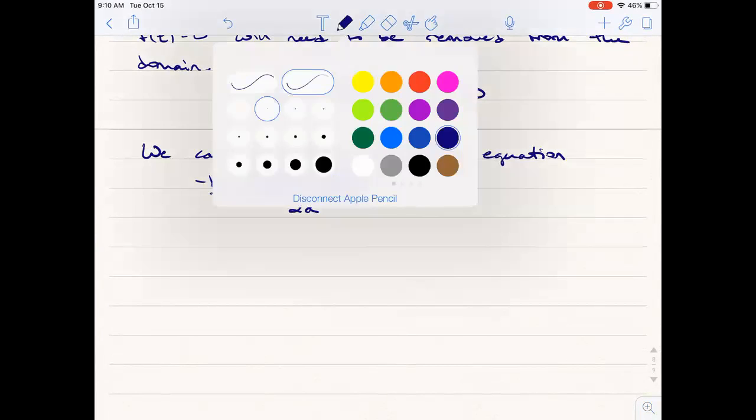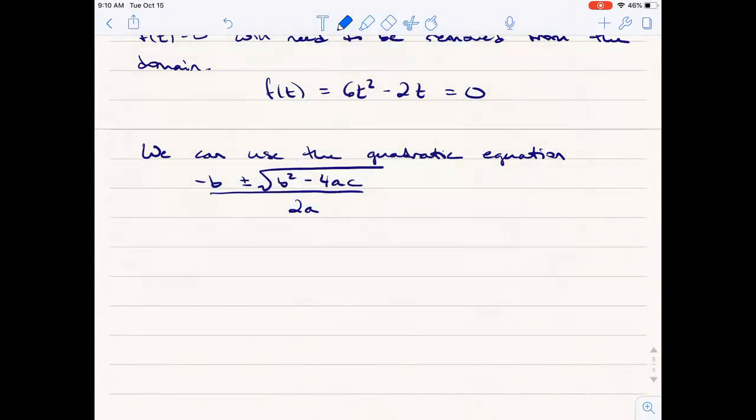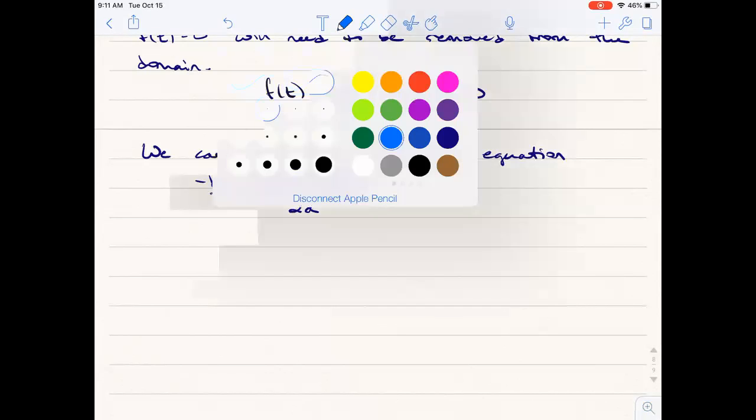So here, a, b, and then technically we have plus 0, which is your c. We're still solving for when it equals 0, so I would leave that on the right-hand side, equal to.